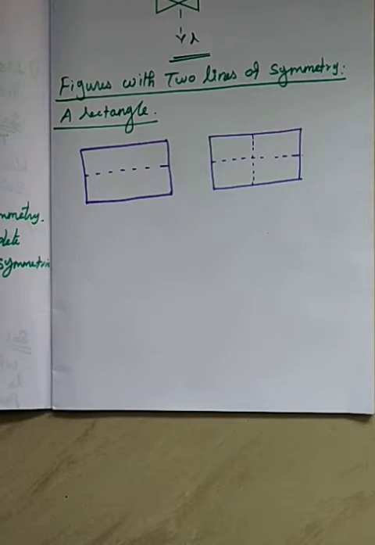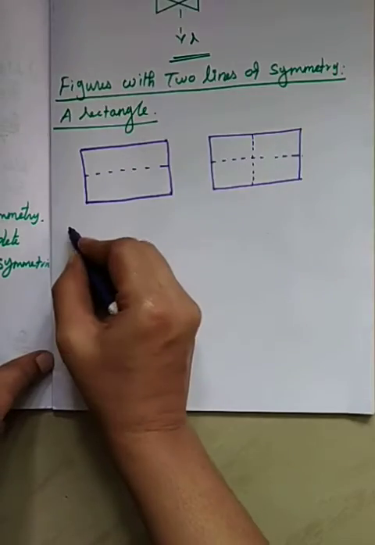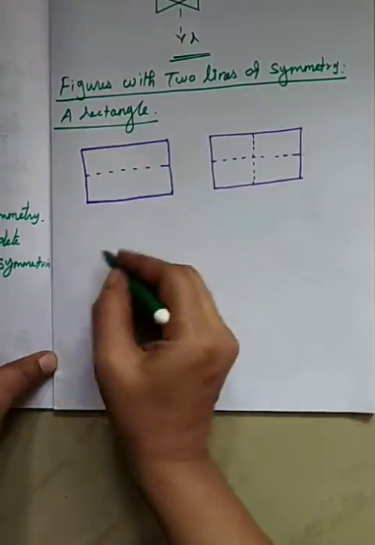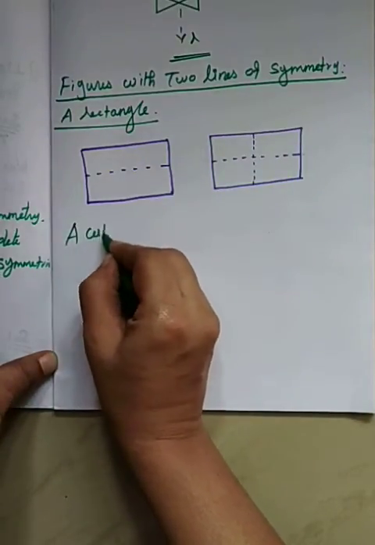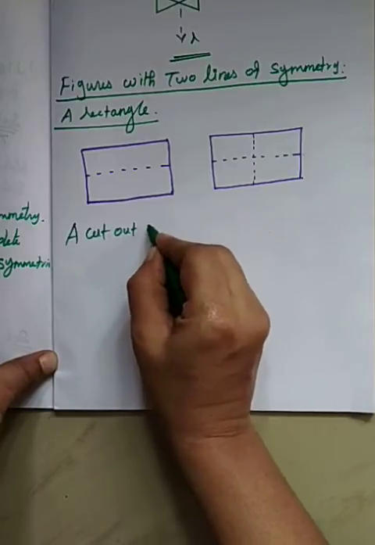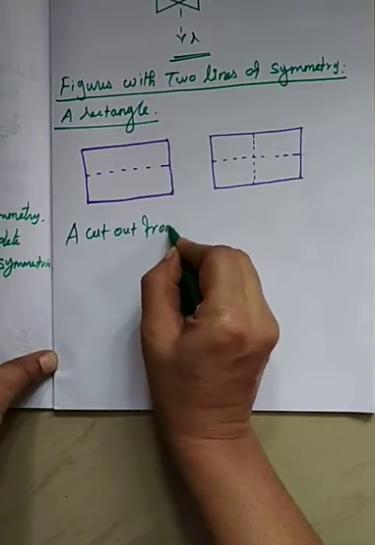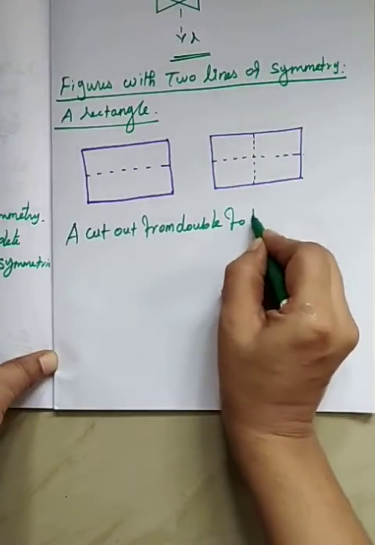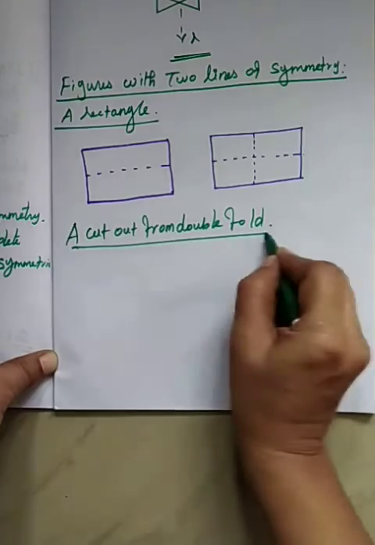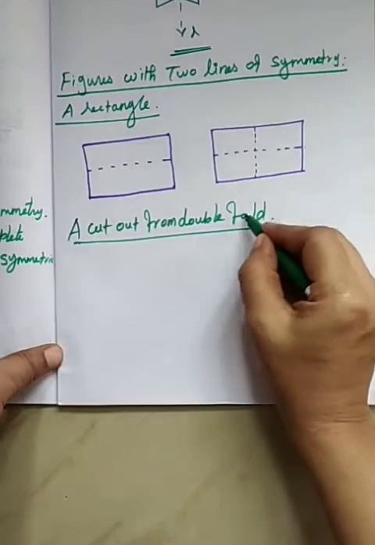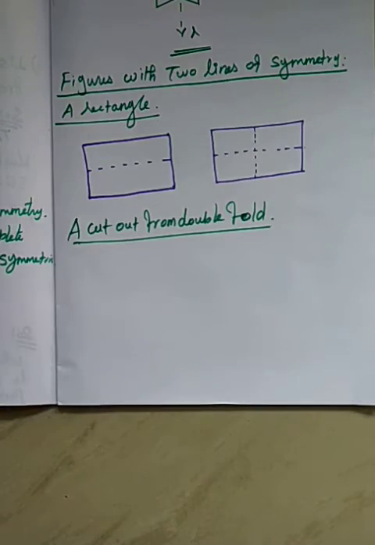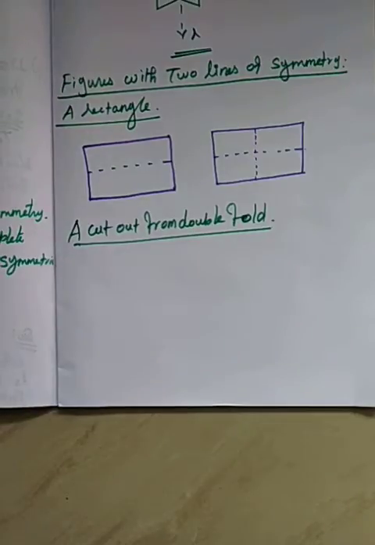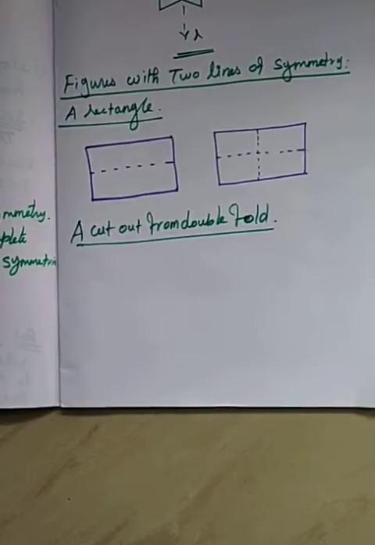Cut out from double fold. See here. Take a rectangular piece of paper.